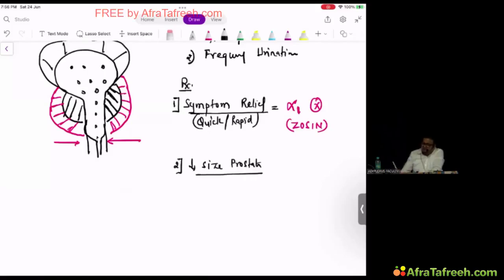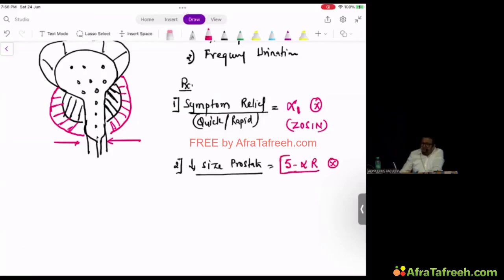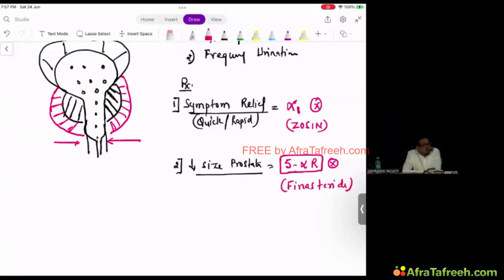For that, we give drugs which are 5-alpha reductase inhibitors. Later on in endocrinology, we will discuss these drugs. 5-alpha reductase enzyme inhibitor drugs are like finasteride. They will reduce the size of the prostate.